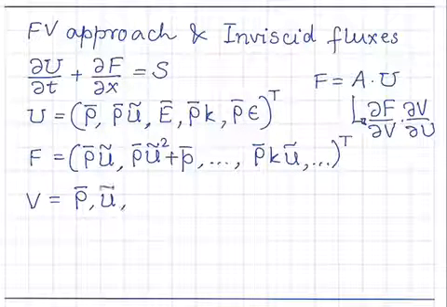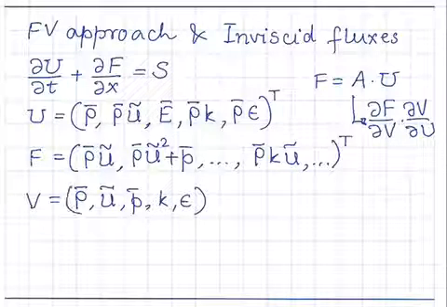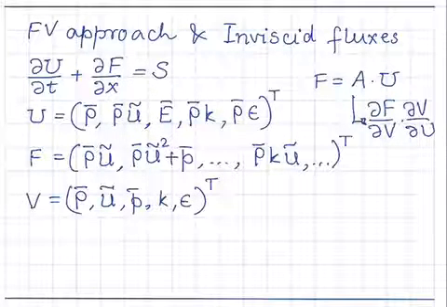Here it is rho, u tilde, p bar, k, and epsilon. Once again, transpose.